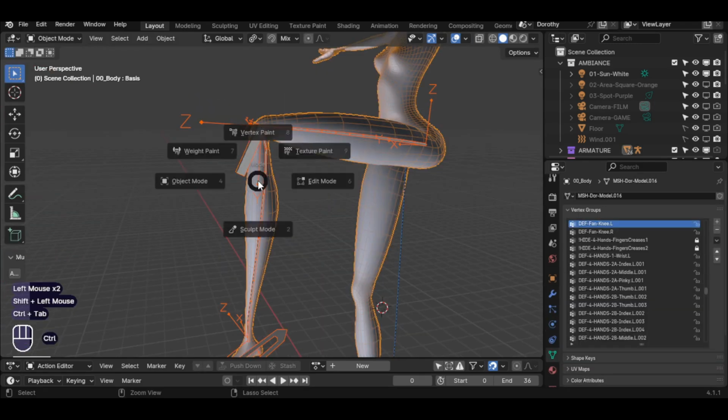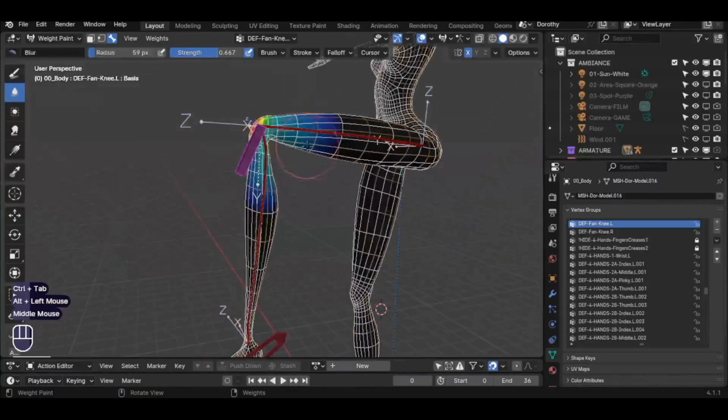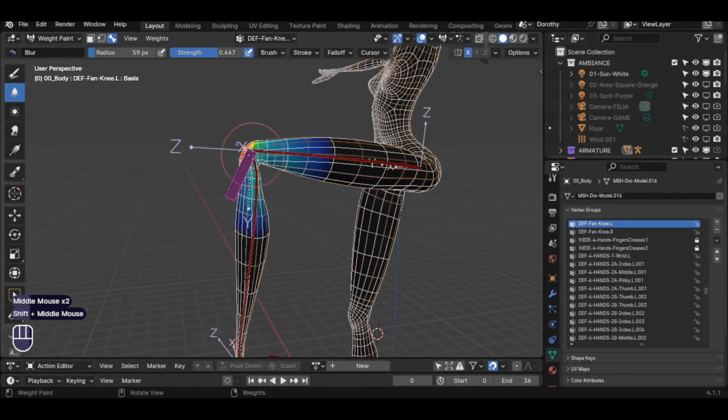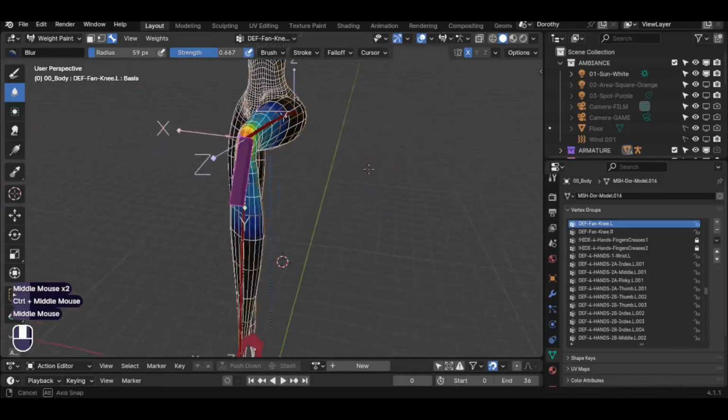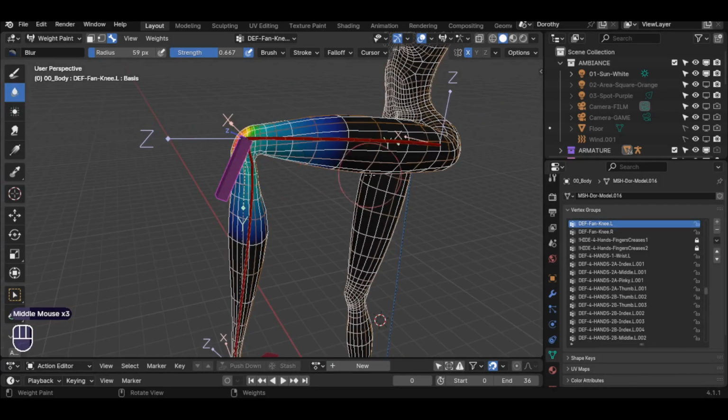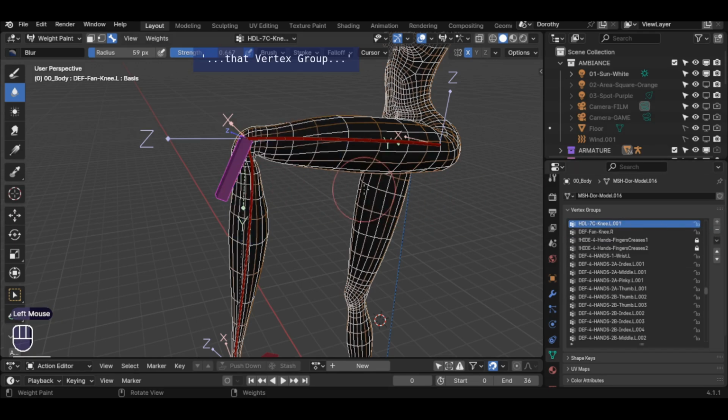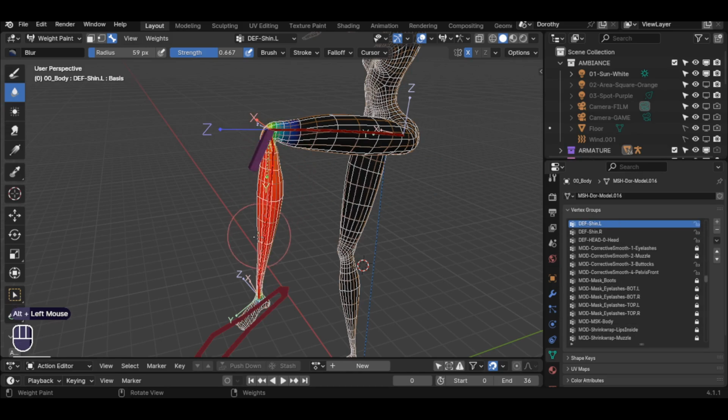A more analytic way to attempt to get better weights for the fan bone would be, instead of doing something more intuitive like I've done here, which is not bad but probably can be better, to delete that and pick the weight paint, the vertex group from the shin bone here.